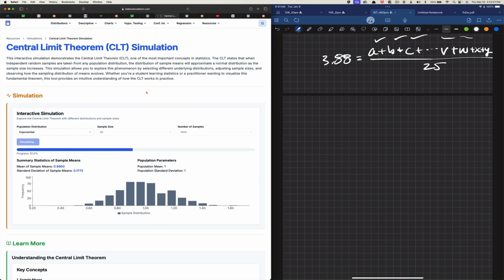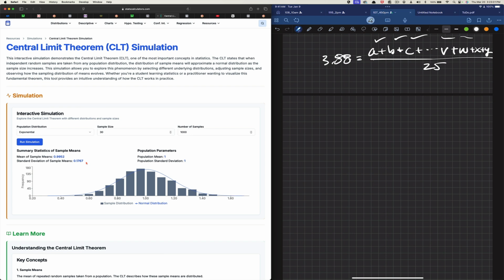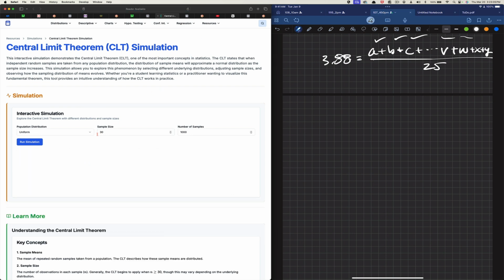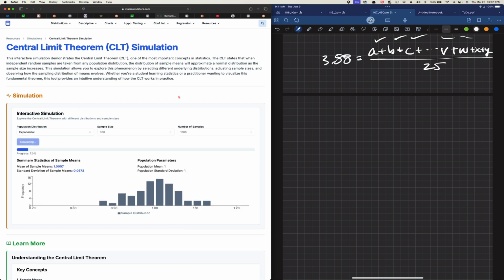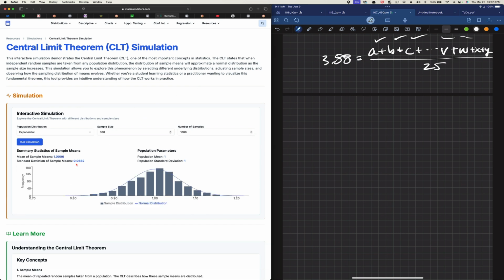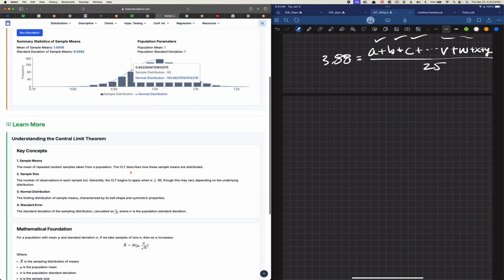This is the first time we got a more normal looking distribution, and the standard deviation is 0.17. Then I crank this to 300, and then we get 0.057. This one we got 0.0582. So the standard deviation decreases as I increase the sample size.